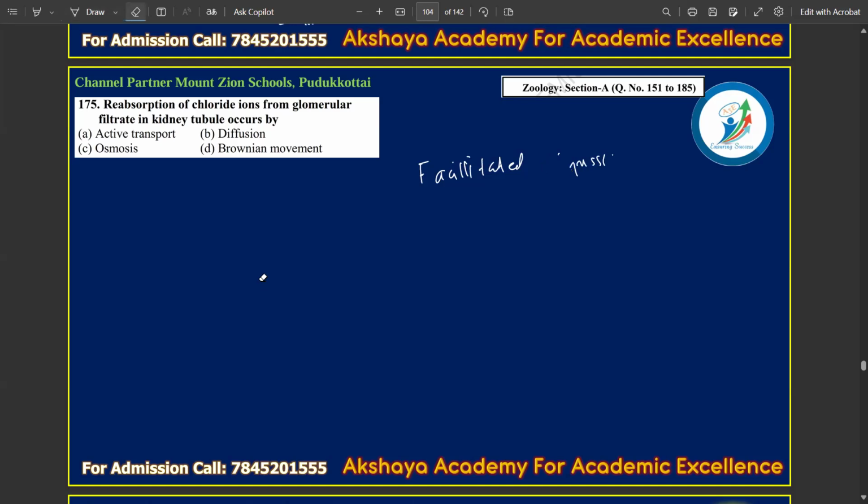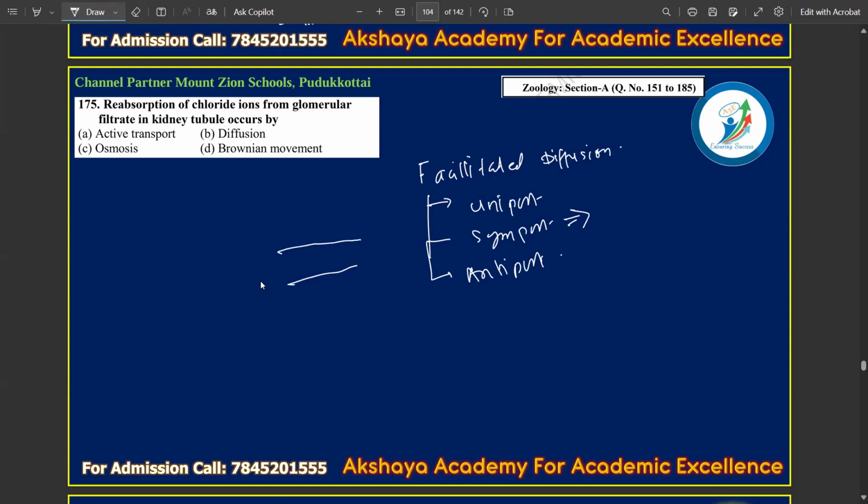In facilitated diffusion, it's a diffusion, but there are proteins which help with the diffusion without consuming ATP. In facilitated diffusion, there are uniport, symport, and antiport. Chloride follows symport diffusion, where it diffuses along with sodium.